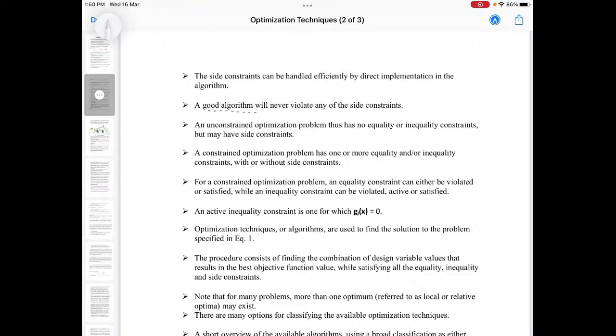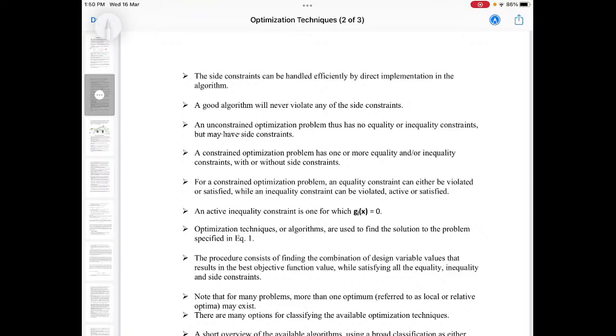A good algorithm will never violate any of the side constraints, whether dealing with a local algorithm or a global algorithm. That means the side constraints will be accounted for and taken into consideration.